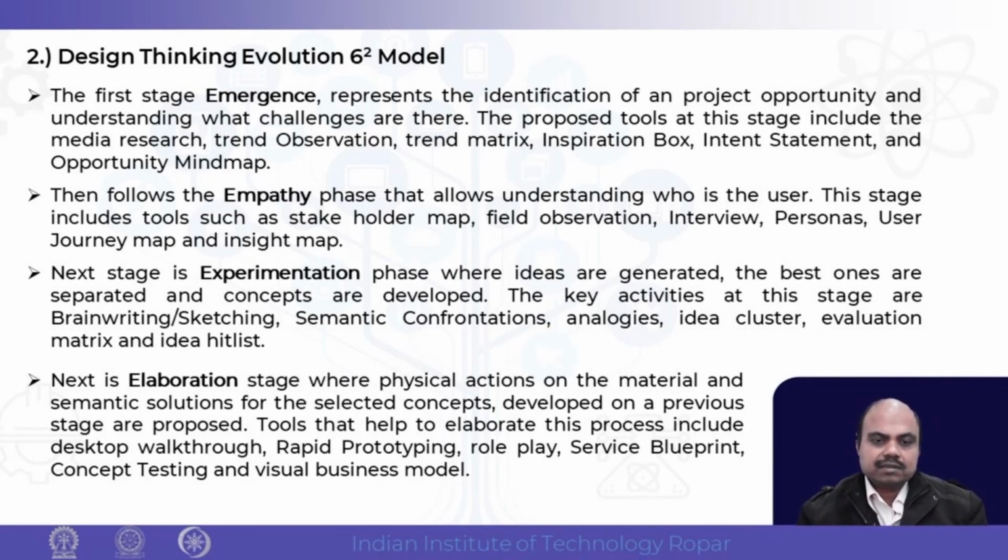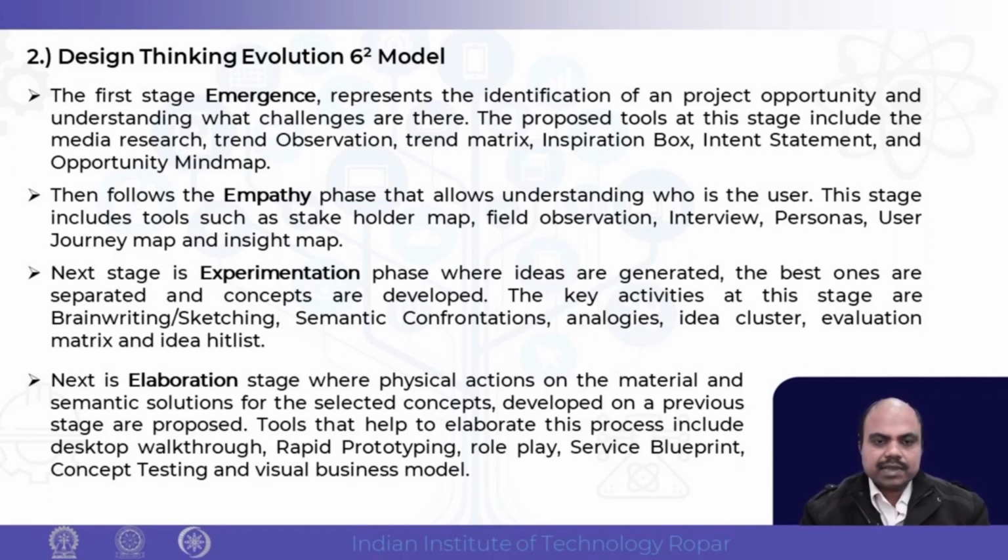Then following is the empathy phase, which allows us to understand who the user is. In this stage, we include tools like stakeholder map, field observation, interview, personas, user journey map, and insight map. The user journey map we have already used, and you are going to see it in another exercise.